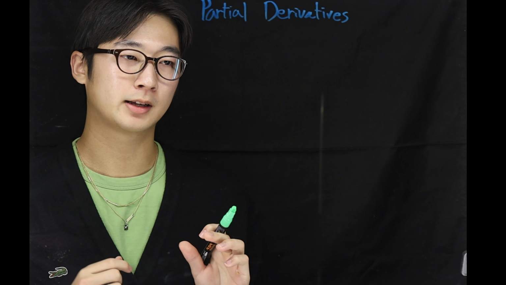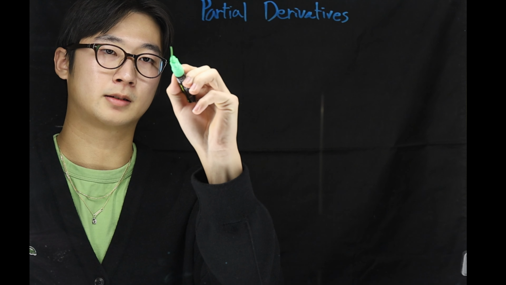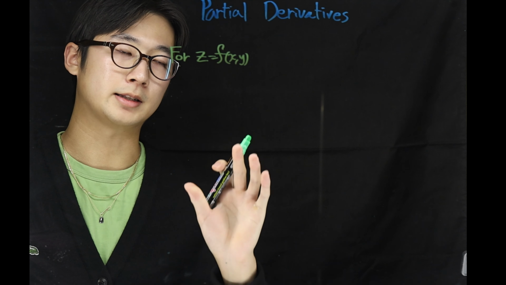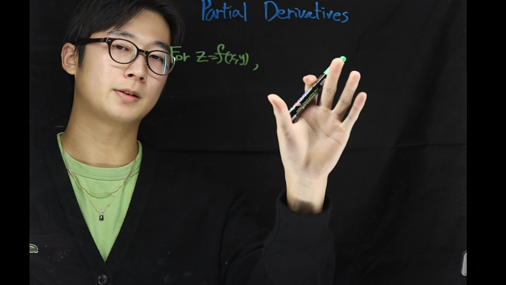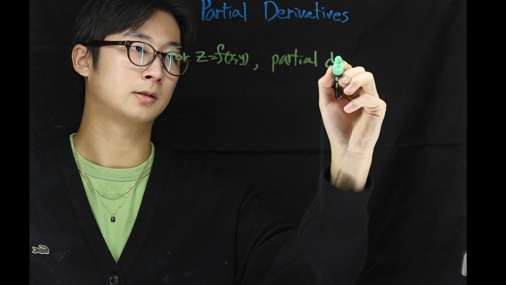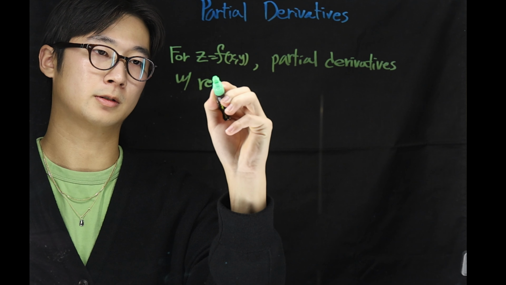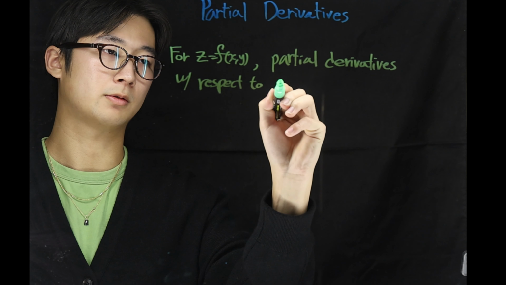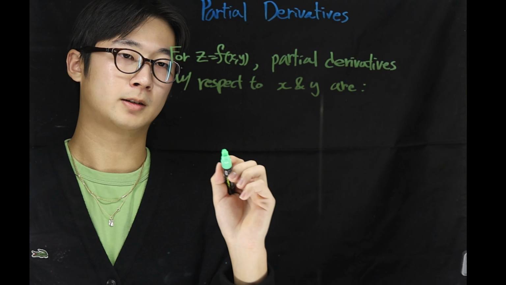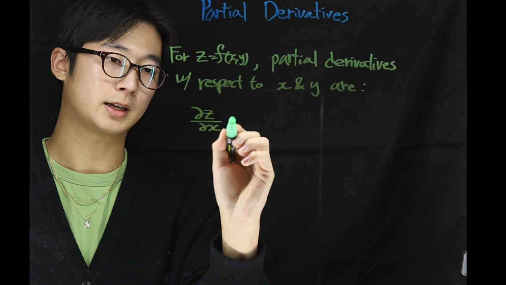So in multivariable calculus, the definition of derivatives is, let's say, for z equals f of x, y, a multivariable function, the first order partial derivatives with respect to x and y are, we denote it as partial z with respect to x.